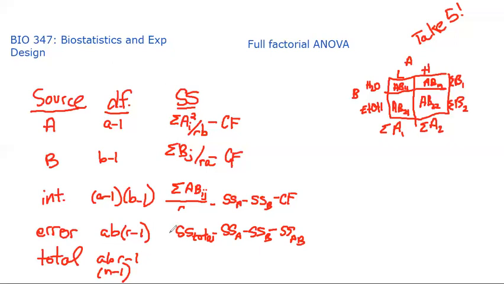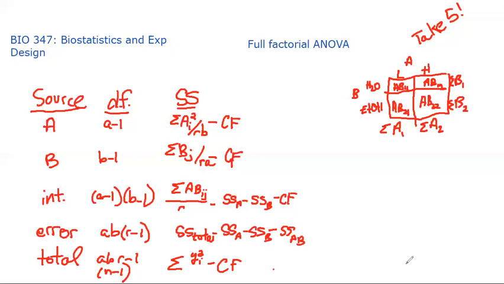And then our total, what we're going to do is we're going to take every observation, square it, so we're going to take every observation, square it up, and subtract by the correction factor. So this is going to be 40 numbers squared added together minus the correction factor. Now let's define our correction factor.